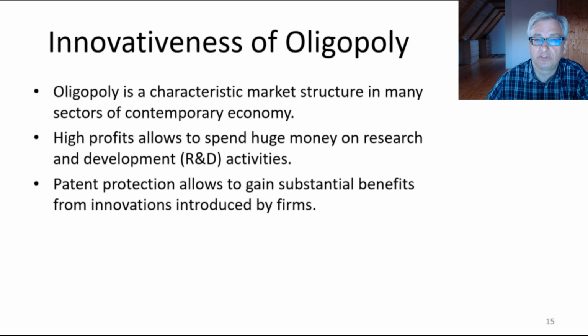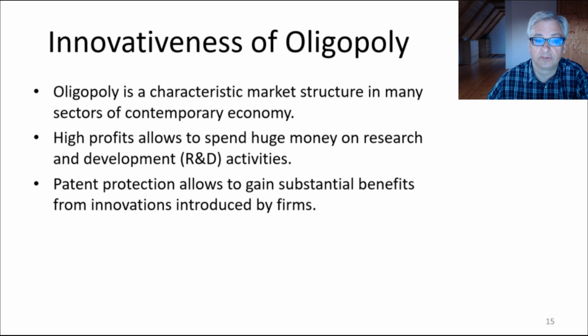The last element of oligopolistic market considerations is innovativeness of oligopoly. Remember, oligopolistic markets are believed to be one of the most innovative markets. Oligopolistic players are able to have high profits and they spend a lot of money on research and development activities. Therefore, you can see great progress in those industries which are formed as oligopolistic markets.